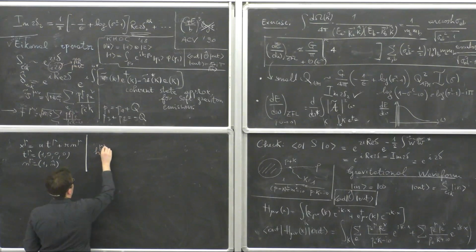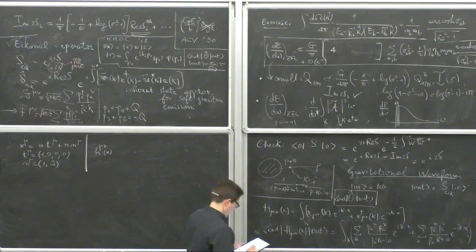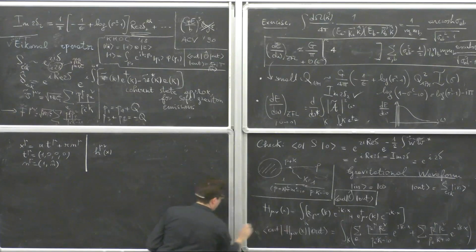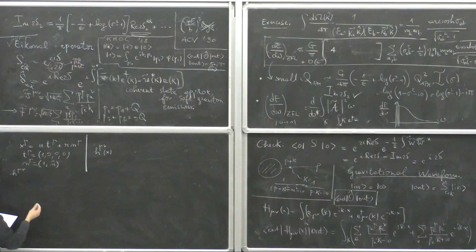So the bottom line is this h^mu nu of x, which differs from this expectation value just by a normalization. Let me remind you that there is a difference between the canonically normalized field and the dimensionless gravitational fluctuation, which is 2 kappa h^mu nu.